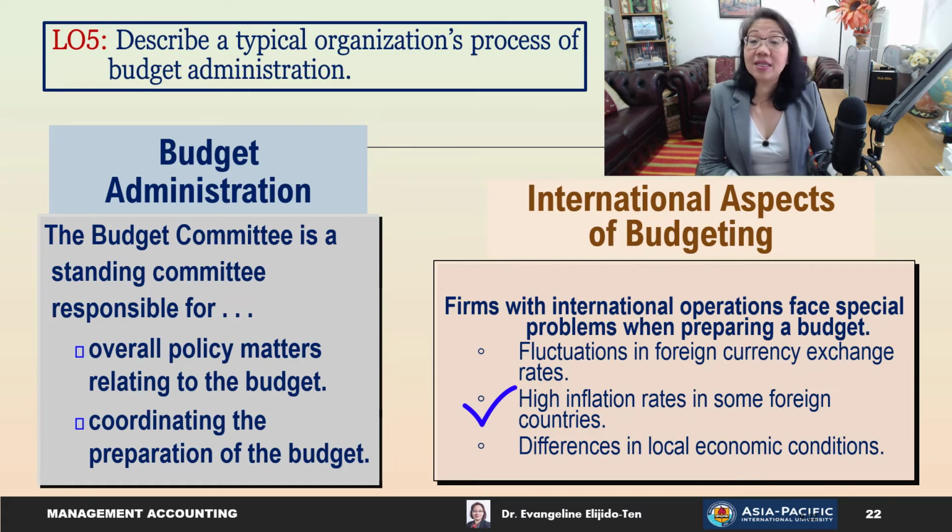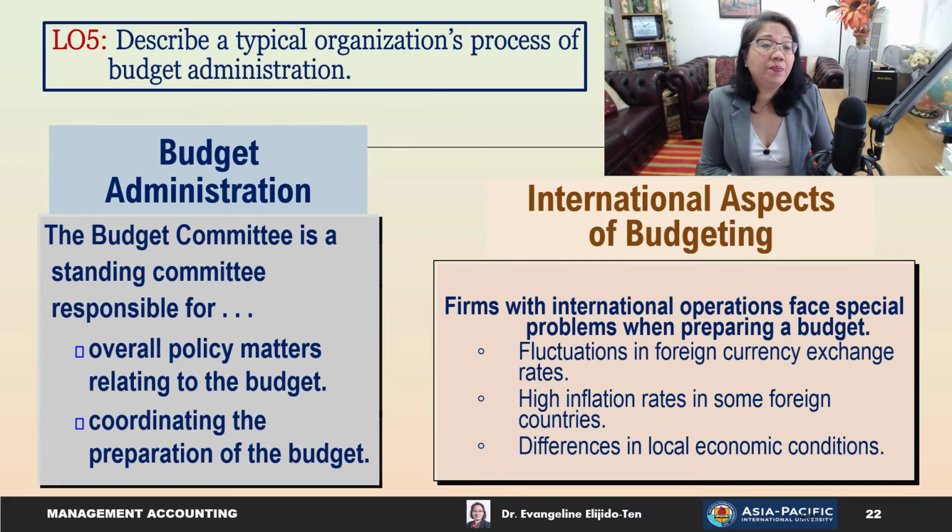While the United States has experienced periods of high inflation, some foreign countries have experienced hyperinflation, sometimes with annual inflation rates well over 100%. So predicting such high inflation rates is difficult and further complicates a multinational's budgeting process.